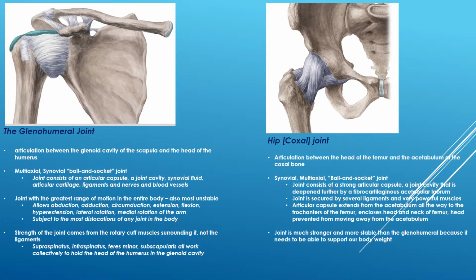However, it also tends to be the most unstable. The strength here comes from the rotator cuff muscles around the shoulder joint rather than the actual ligaments. The hip joint is stronger and more stable. It actually needs to support our body weight.